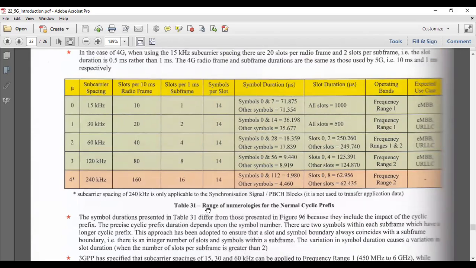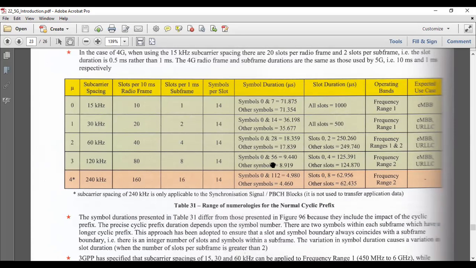The symbol sizes are almost the same as we discussed in the case of 4G, where the first symbol was a little longer to fit in 0.5 millisecond. So that kind of requirement we also have here.